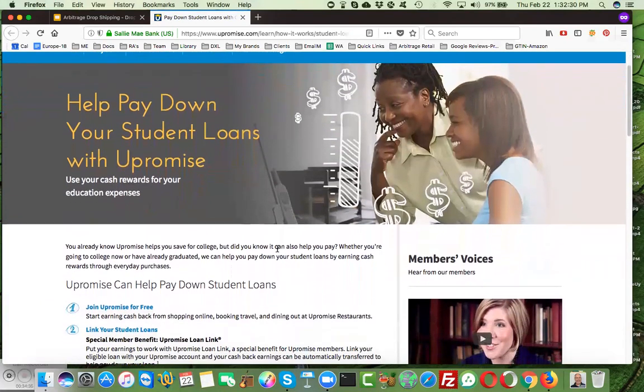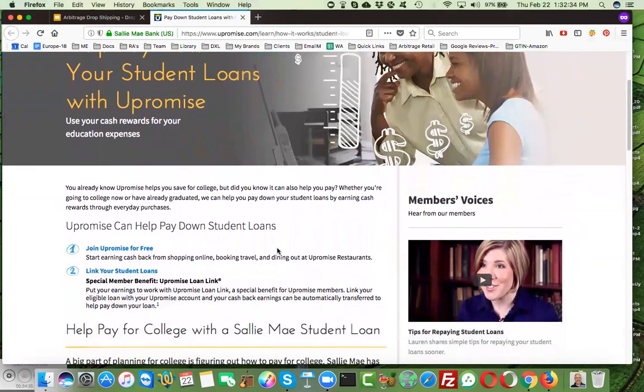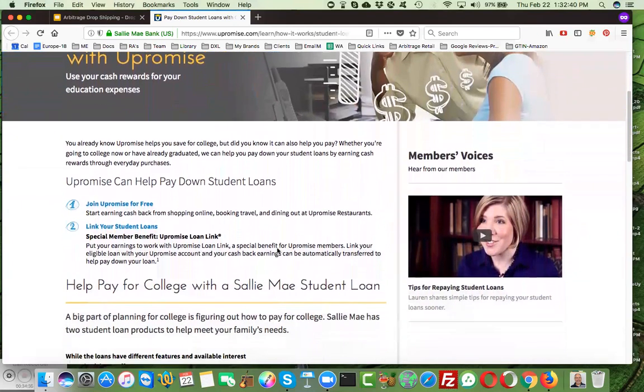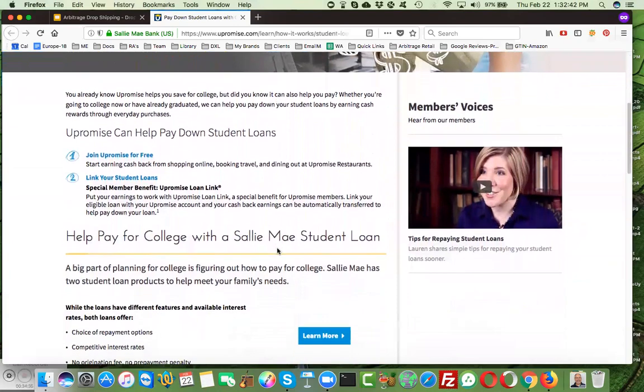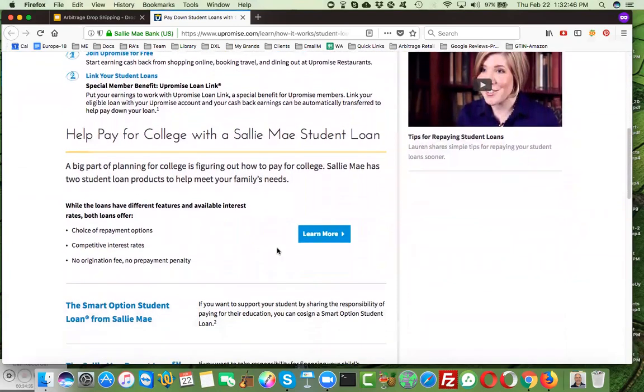It's a very nice program for people that live in the United States, and you can get cheaper stuff if you're a student. Now, if you're not a student, you can also use it.